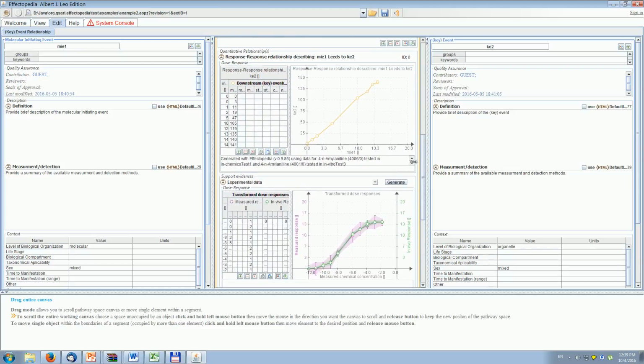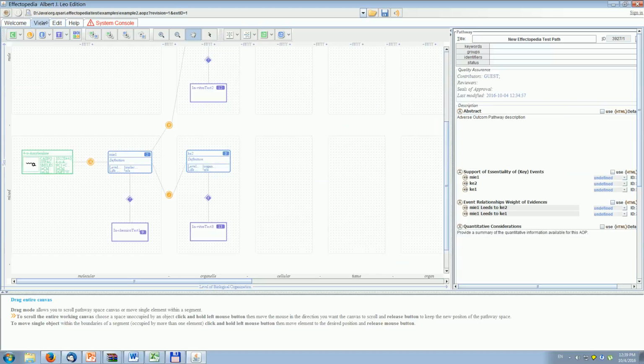And now if we derive, you can note that the old response-response relationship was kind of linear, but here we had from 0 to 20 and from 0 to 150, and if we regenerate it, it's almost a linear one now. So this is the response-response curve after the transformation. So this is in principle how we can create transformation sets.